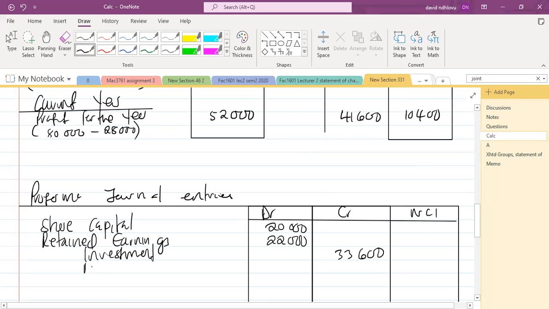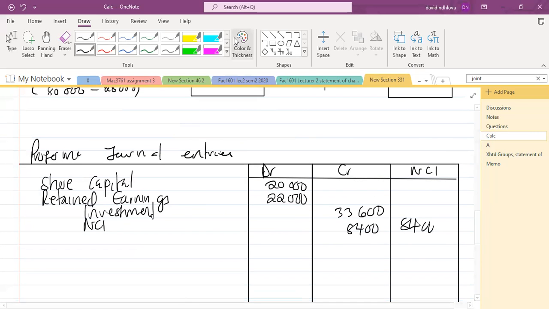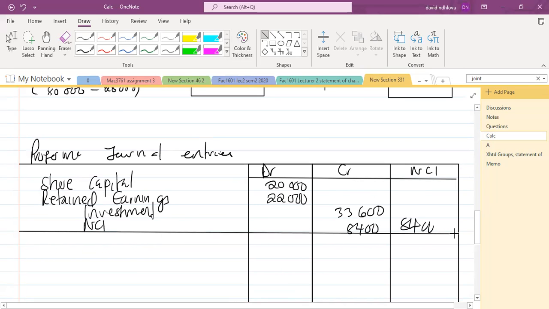Then the remainder is NCI, remember we've eliminated the whole amount. If you check here, we are saying 42,000 minus 33,600. There is a remainder, which is 8.4. That represents the NCI. So we eliminate the whole of retained earnings and share capital. The portion that corresponds with investment, we eliminate that value.